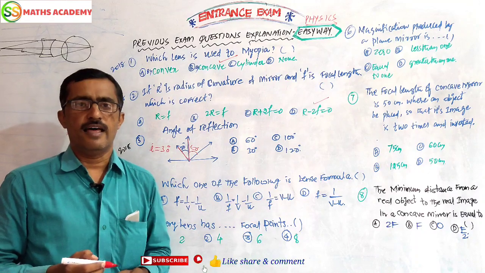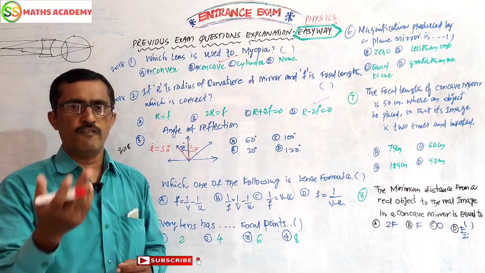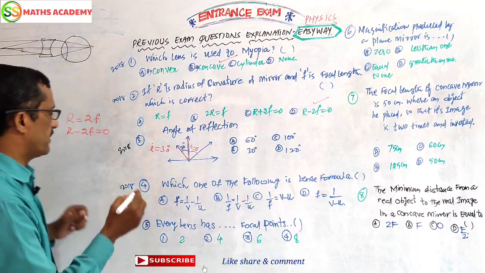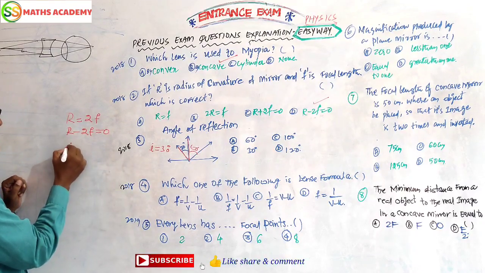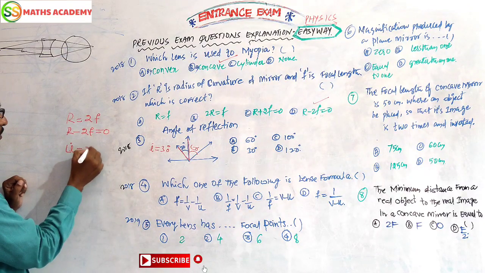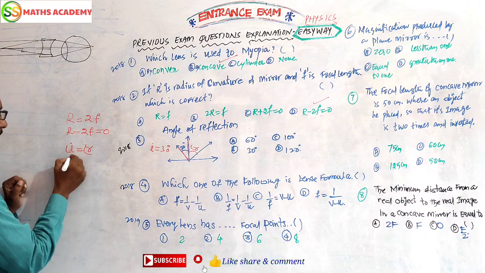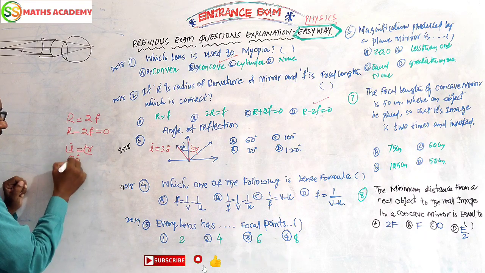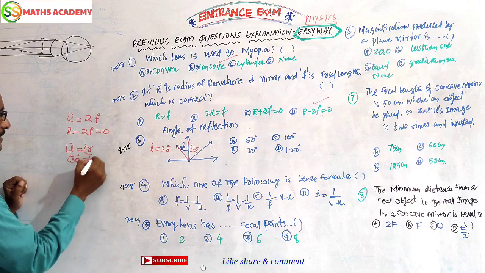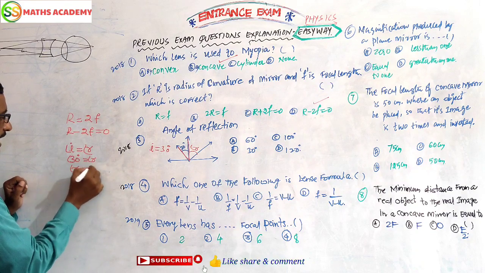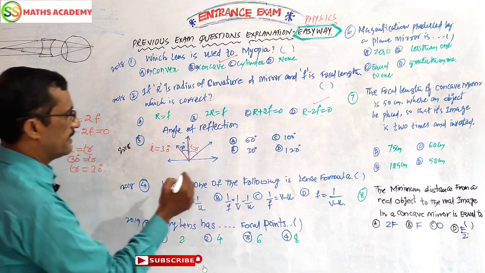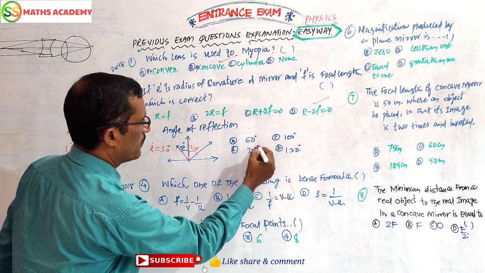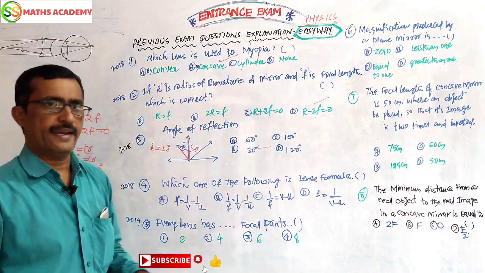According to the laws of reflection, the angle of incidence equals the angle of reflection, so I equal to R. Since I equal to 30 degrees, R will also be 30 degrees. That's why the angle of reflection equals 30 degrees. So B is the correct answer.